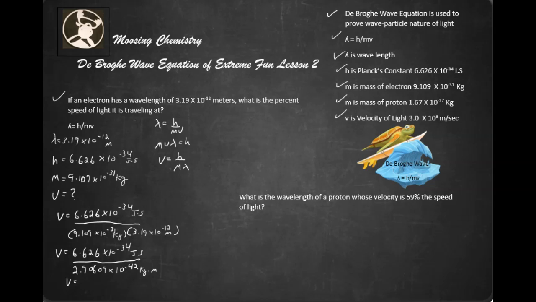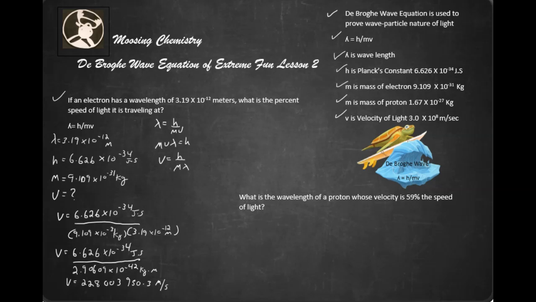So v is going to equal 228,003,950.3, and this of course would be meters per second. So my question now is, what is the percent of light?